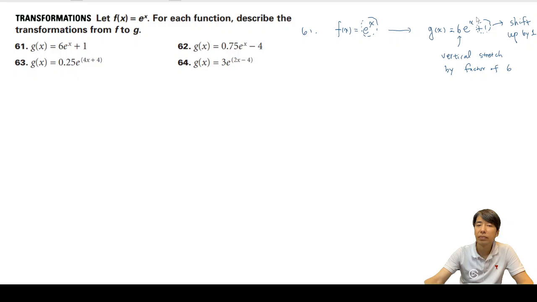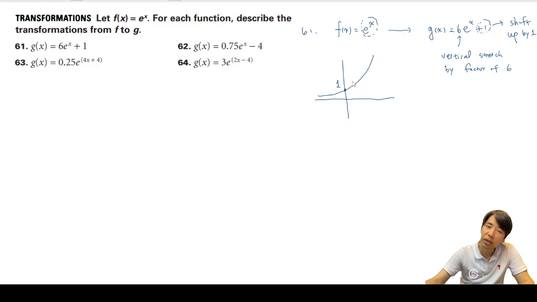Okay? So y is equal to e to the x, the basic exponential function, is this. This point is 1, and I always say, okay, there you should pick one more point for your reference. Okay, when this is 1, this is e. If this is y equals e to the x. Now, what happens after this transformation?